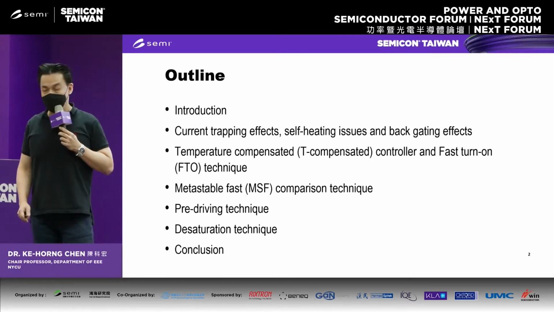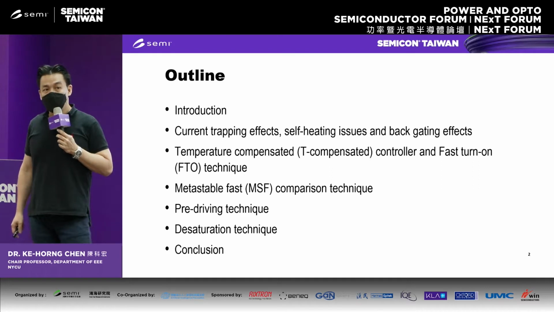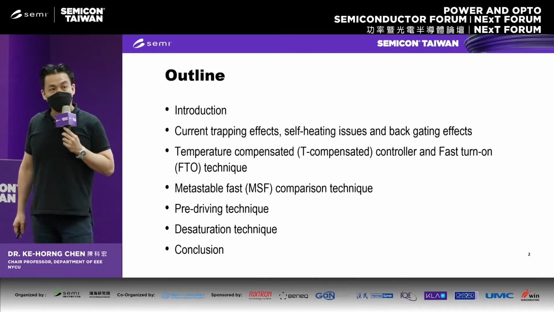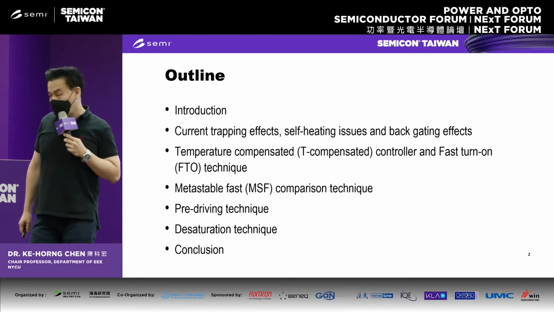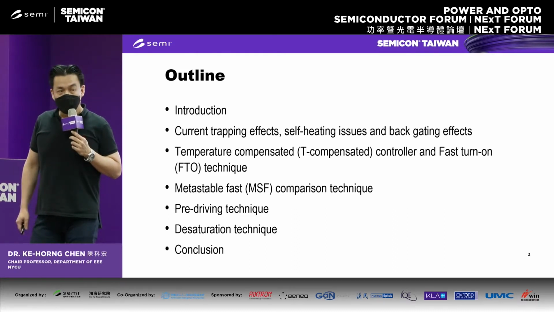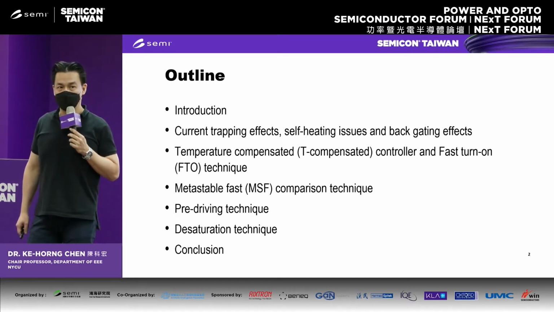This is today's outline. In the beginning, I will show you the GaN device and the GaN process. After the introduction of the GaN, I will show you the defects of the GaN. The defects include current trapping effects, self-heating, and backgating effects. Based on these defects, we can find some solutions to suppress these drawbacks.